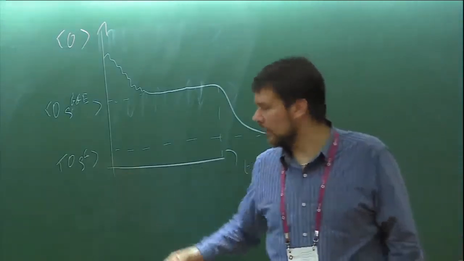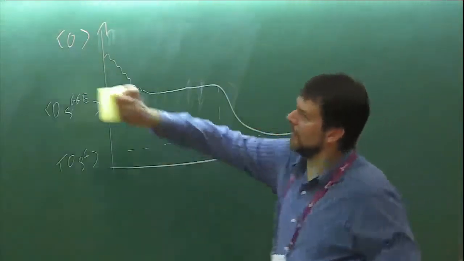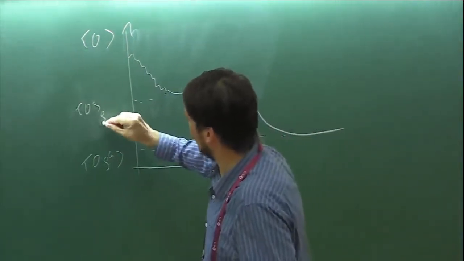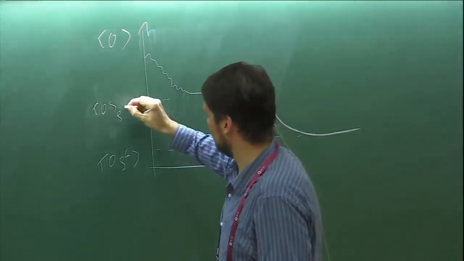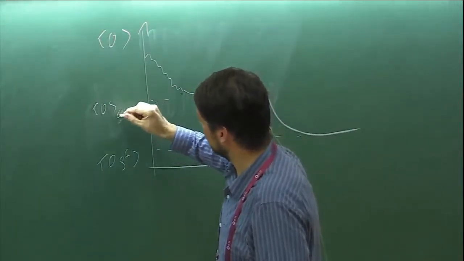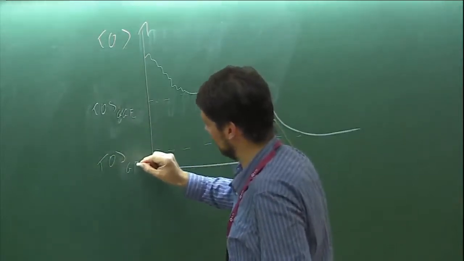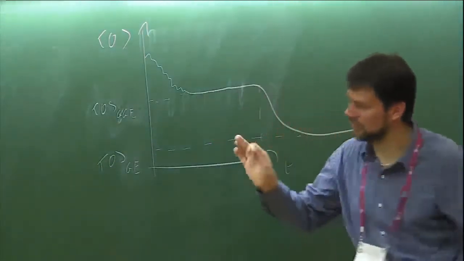I should have probably written this as: this is the average calculated according to the GGE, and this according to the Gibbs ensemble. So this is probably better.